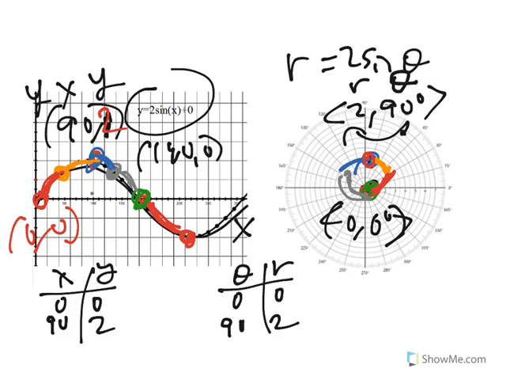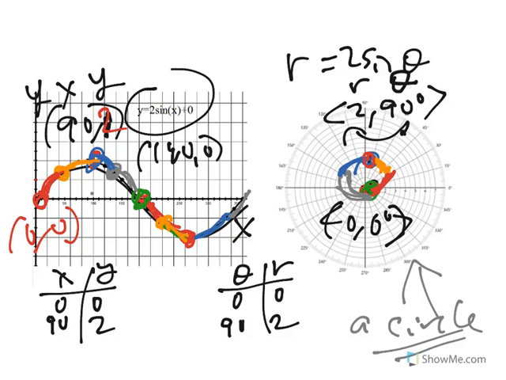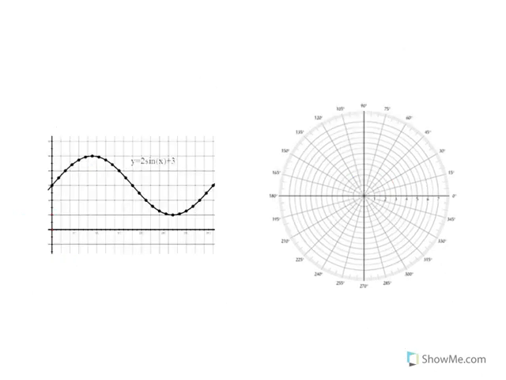This red, let me just go halfway. And then from here to here is actually overlapping with this yellow piece. And from here to here is overlapping with this blue piece. And from here to here is overlapping. So it actually makes 2 circles, although you wouldn't know by looking at it here. It looks like a circle. But it's actually 2 circles, which is a little bit confusing. But this is the graph.